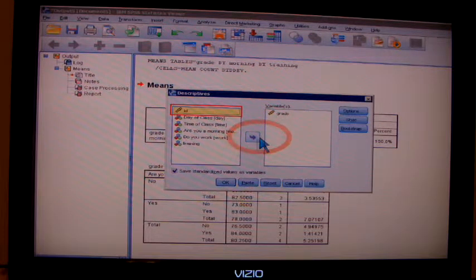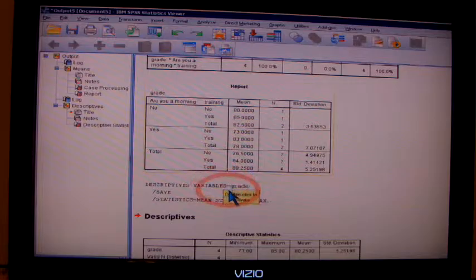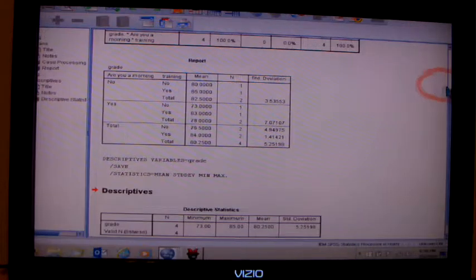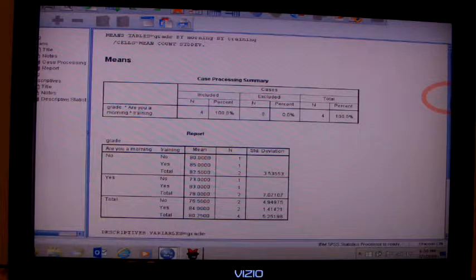That's good. And notice it has this clicked, save standardized values as variables. That you want to have an X on, okay? So we're going to click OK. And for this one, we're going to want to see the data view, because that's where you're going to see what they have, okay?